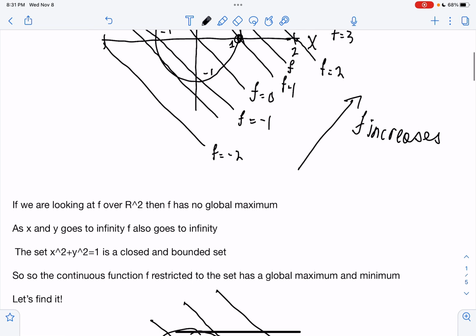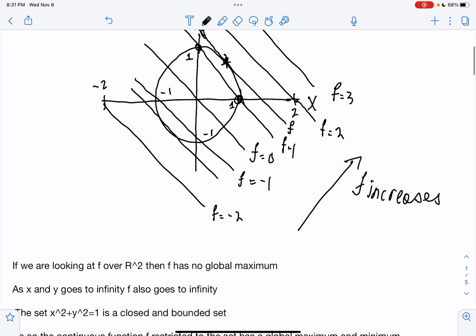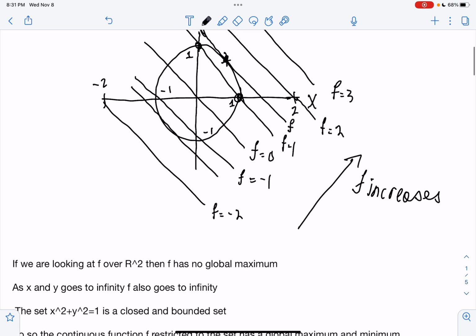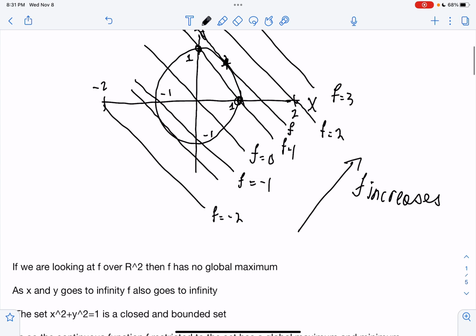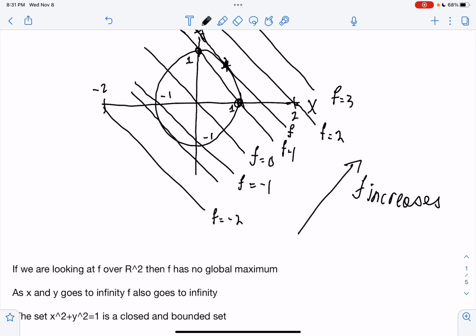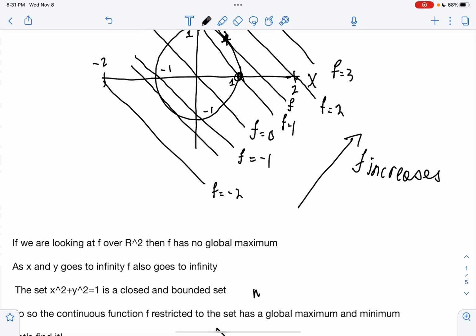Another way to say this is that the circle is a closed and bounded set. It's bounded because it lies in a finite region of the plane, and to find out if it's closed, we look at endpoints or boundary points. But because it's a complete closed circle, there are no endpoints.